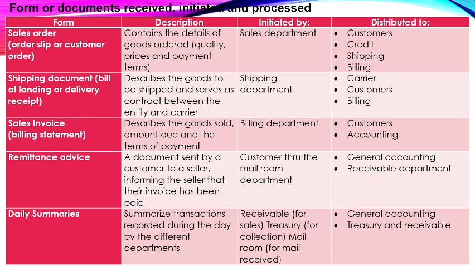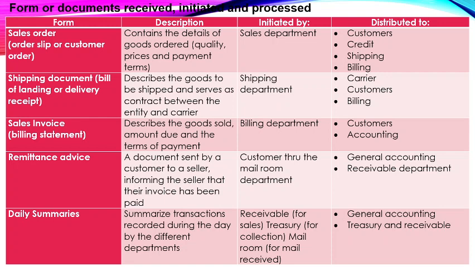The forms and documents received, initiated and processed. These are the forms, with the description, initiated by, and distributed to. For the sales order, the order slip or customer order contains the details of goods ordered, the quantity, the price, and payment terms.